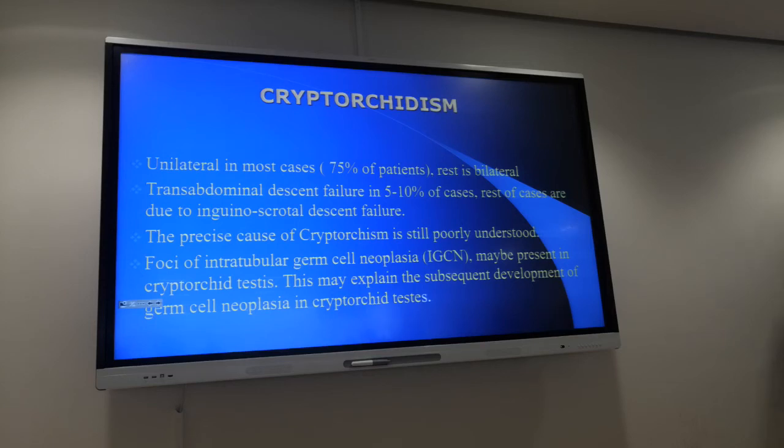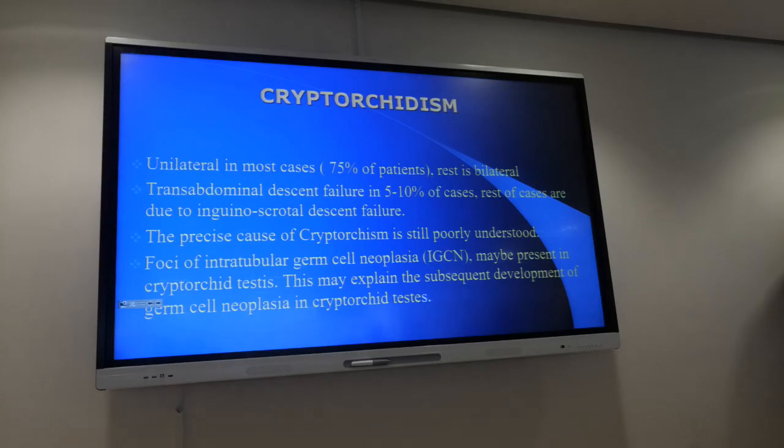So most likely you will see the cryptorchid testis located in the inguinal canal. When it is in the inguinal canal, that's a pretty superficial location compared to the scrotum, so there's a chance that it will be exposed to trauma. Two, it's a pretty tight place, so there's a chance of ischemia as well. But the two most important things you would worry about are neither trauma nor ischemia, but infertility and germ cell tumor development.